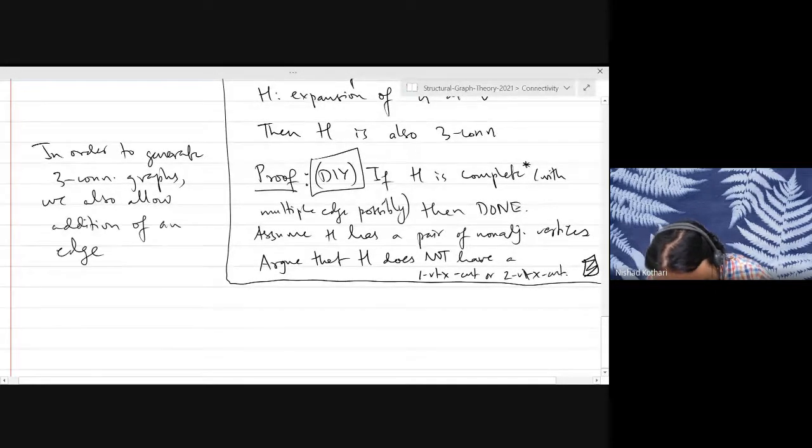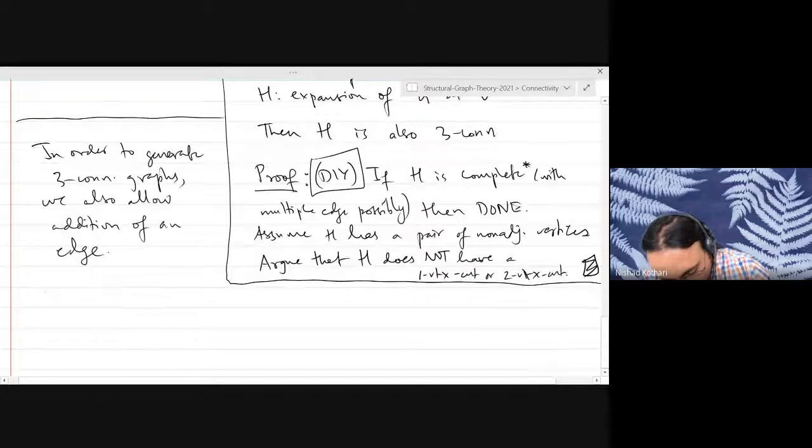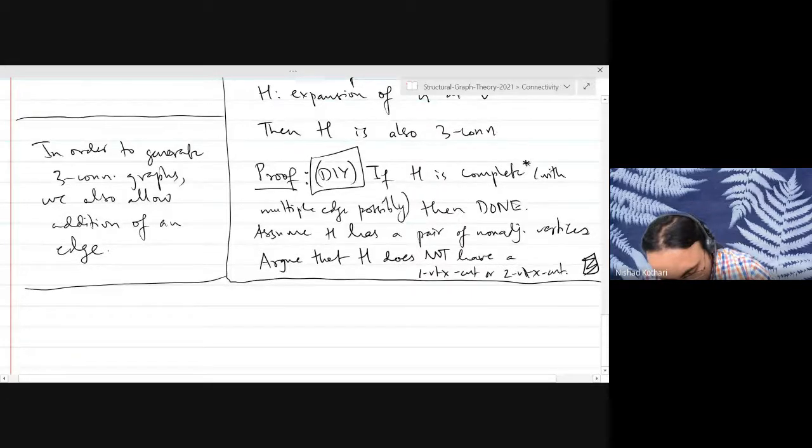It could either be a parallel edge or it could be an edge joining 2 vertices that were not previously connected. Great. So with these 2 operations, you can keep constructing 3 connected graphs.